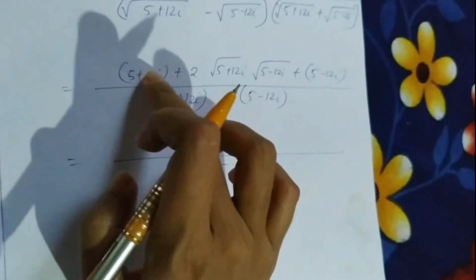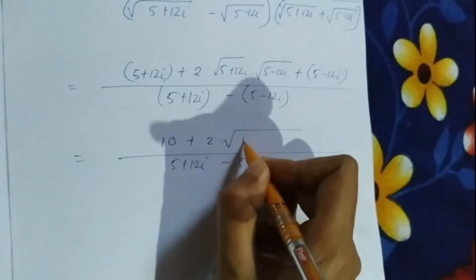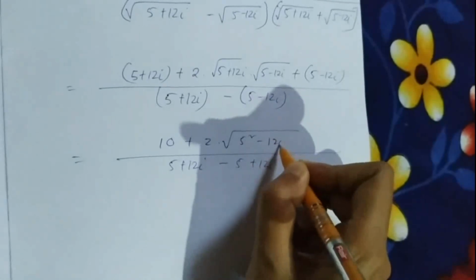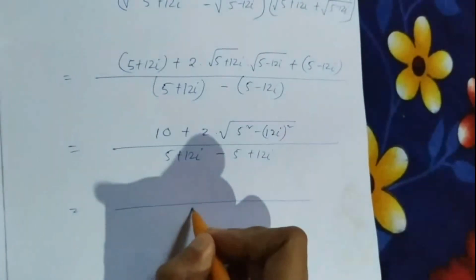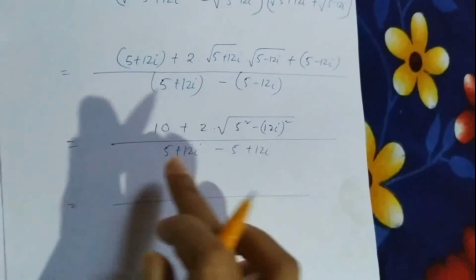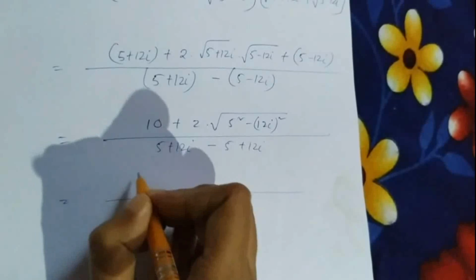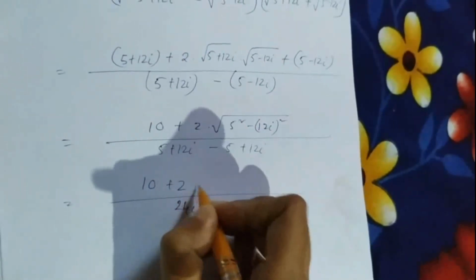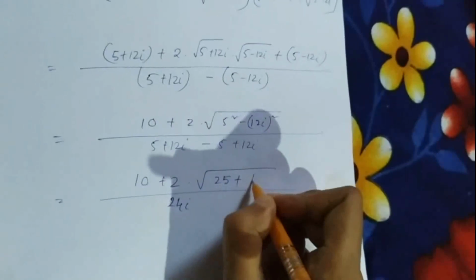So ultimately this 12i gets cancelled out, 5 and 5 is 10. So plus 2 into root of 5 square minus 12i whole square. So ultimately here you get 24i, because 5 minus 5 gets cancelled out, no? 12i and 12i, 24i. This is 10 plus 2 into root of 25 plus 144.